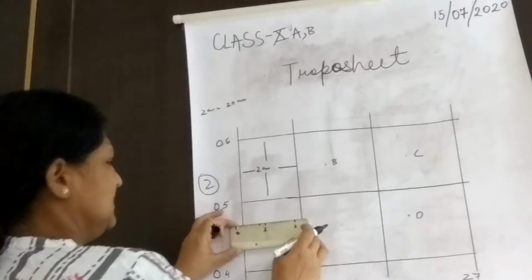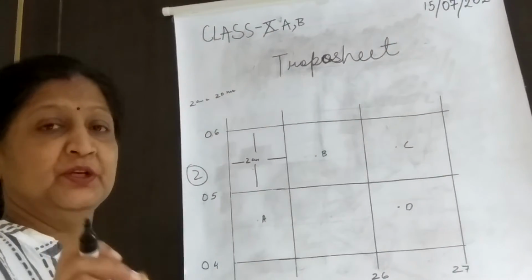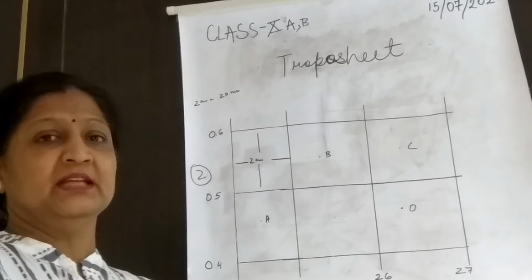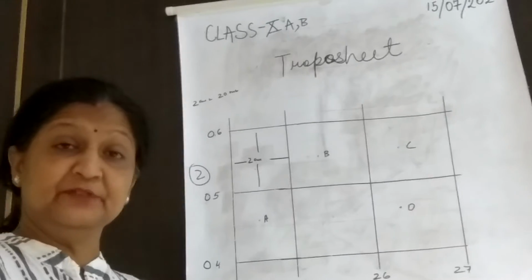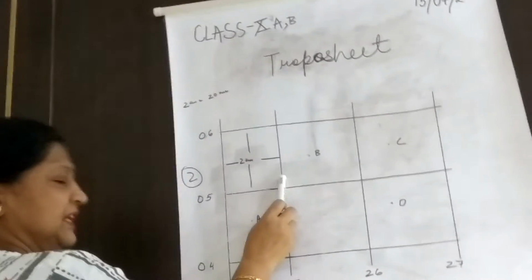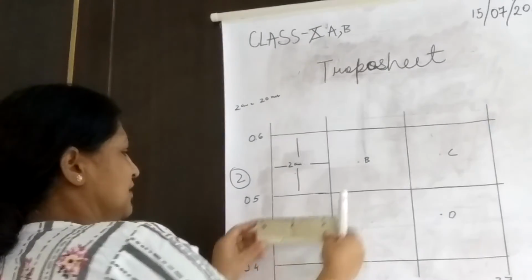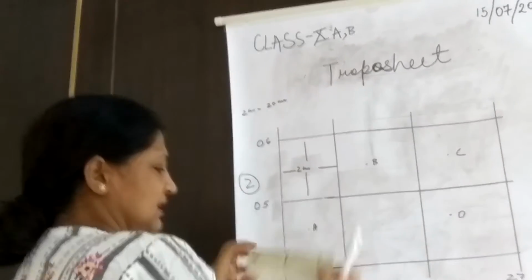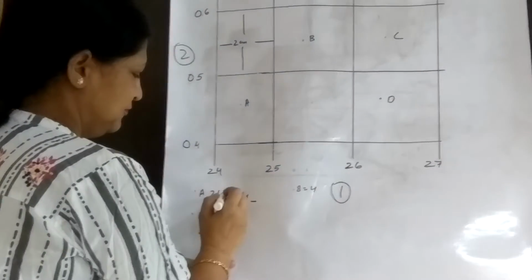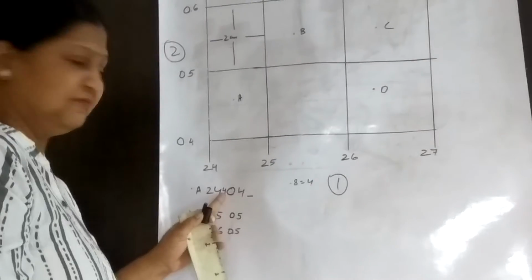As I told you, 2 millimeters will be taken as 1 unit, so that the 20 millimeters will be 10 units, so that it will come on a six grid reference. So here when we measured, it was coming 8. 8 will be taken as half, so 8 will be 4. So the unit will be 24, 4. We got the one unit.